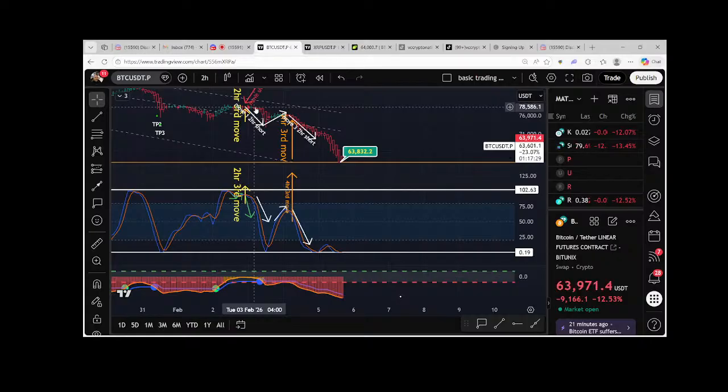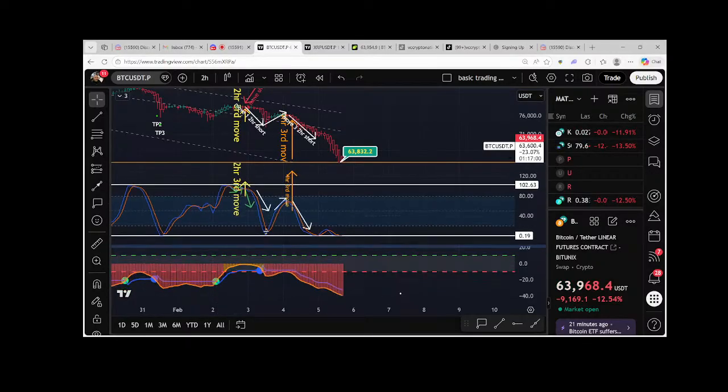So the 2 hour's third move is the 4 hour's first move. Then you sell that because the 4 hour's first move has to bounce into a second move. Once it bounces into a second move, it creates the next short, which is the third move down. And this strategy is the same over and over and over.